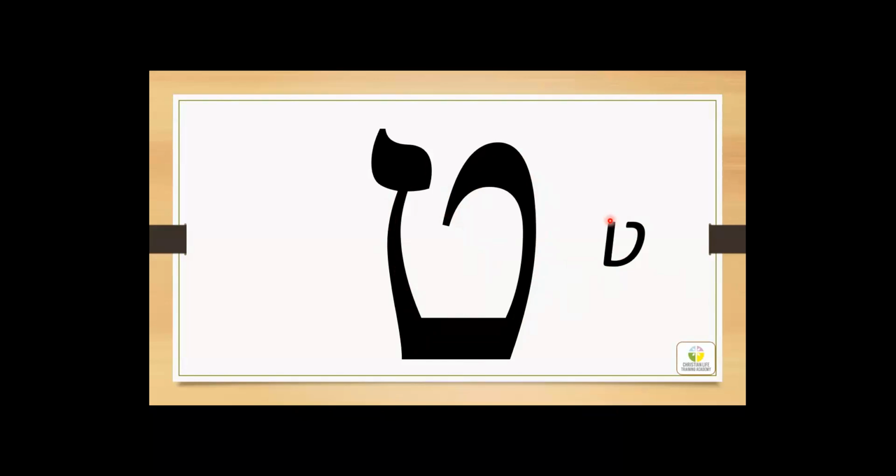Have a look how it's written in handwriting. Very simple, very plain. All the letters are really very plain and simple, but very distinctive. And we can confuse them, we can mix them up. So, have a look at the Tet. And the Tet is number 9.